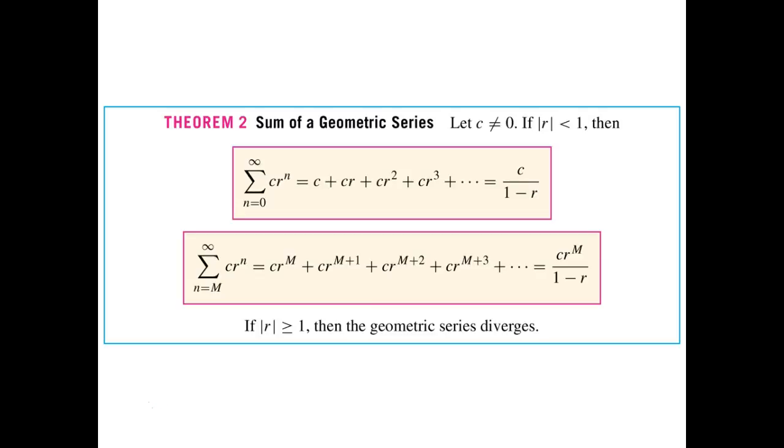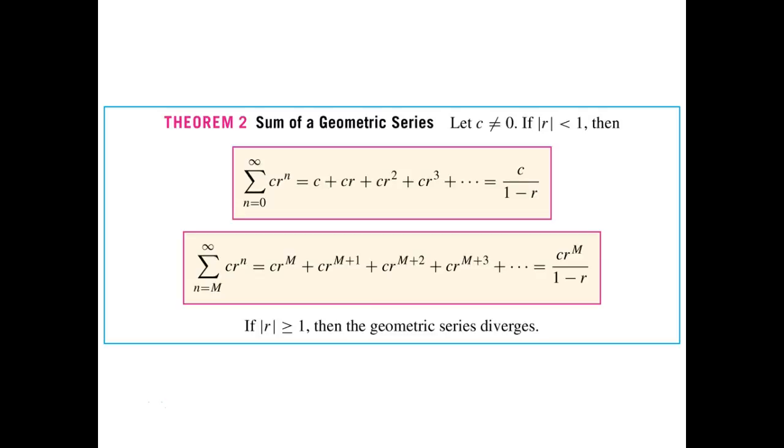Now, that is if you start your sequence from n equals 0. Now, if you start your sequence at n equals m, not 0, and they don't say this, but generally m is going to be greater than 0, some positive number. It just makes everything work a little better.